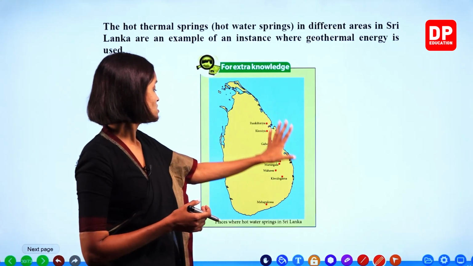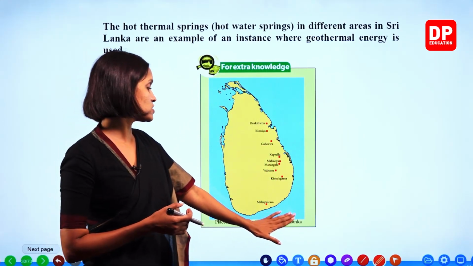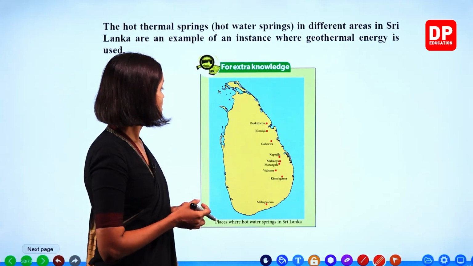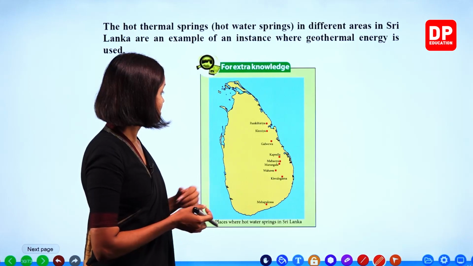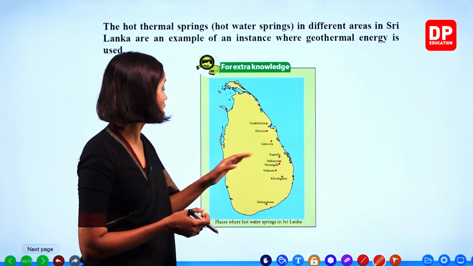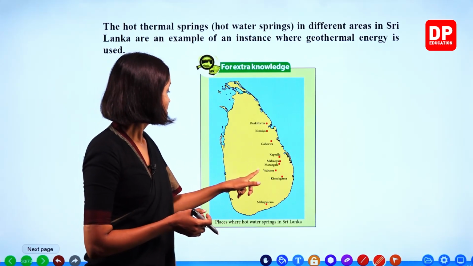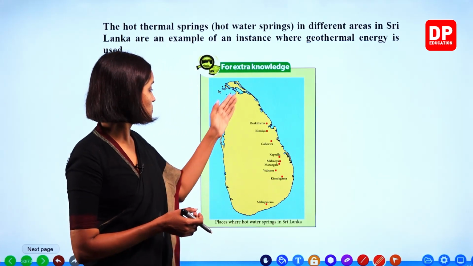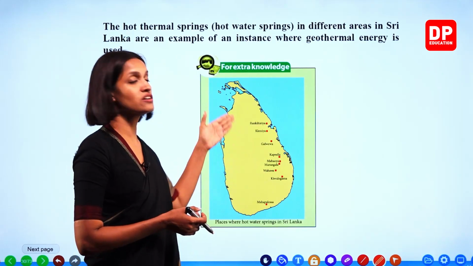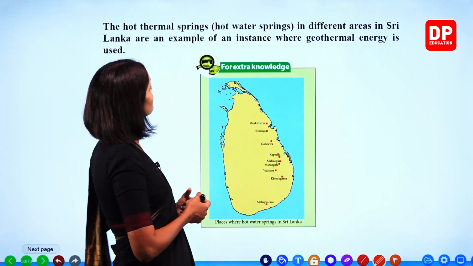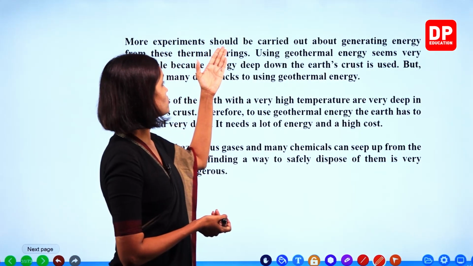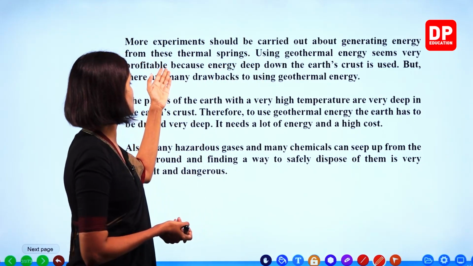In Sri Lanka, places with hot water springs include Kinniya, Rankihiriya, Galwaver, Mahaoya, Kulegama. Those types of areas have hot springs present. More experiments should be carried out about generating electricity from these thermal springs.